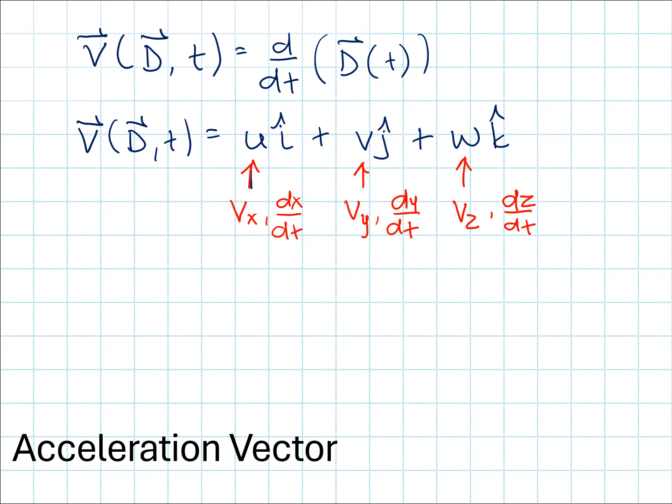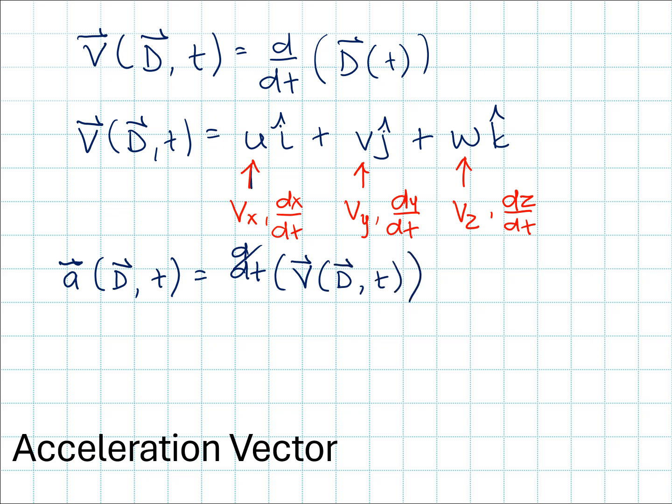Now, we can resolve the acceleration vector, which is going to be the change in velocity vector over time. So my acceleration vector is also going to be a function of space, displacement, and time, and it's going to be my time rate change of my velocity vector, which, remember, is also a function of displacement and time.